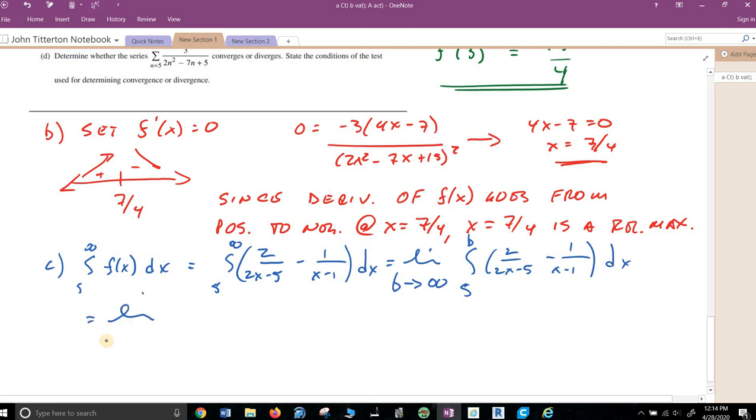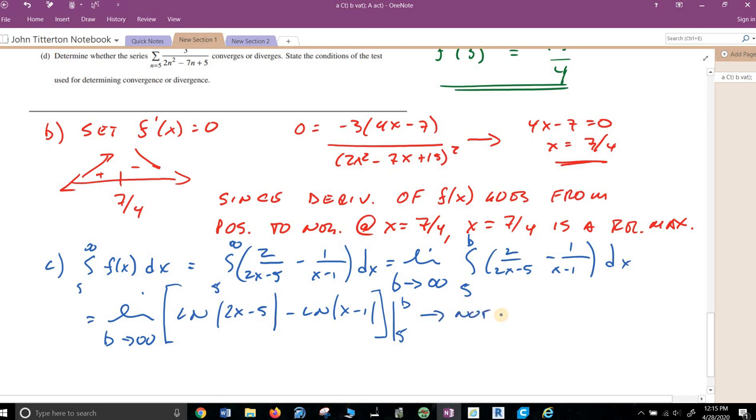Equals limit as b goes to infinity of ln absolute value 2x minus 5 minus ln absolute value x minus 1, from 5 to b. Note, always positive, can get rid of absolute value.